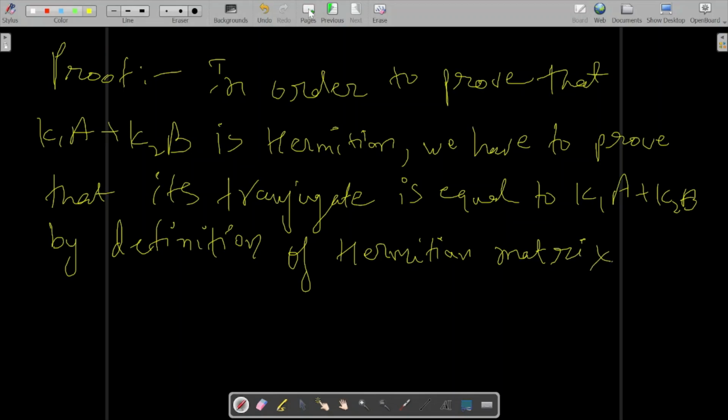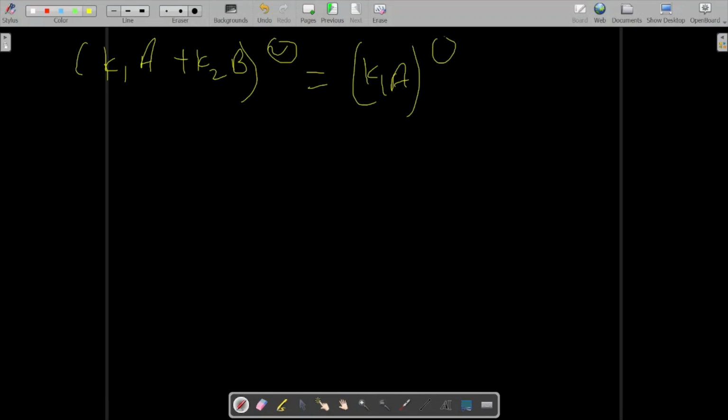So something of this kind will happen. K1A plus K2B conjugate transpose will come out to be K1A conjugate transpose plus K2B conjugate transpose.